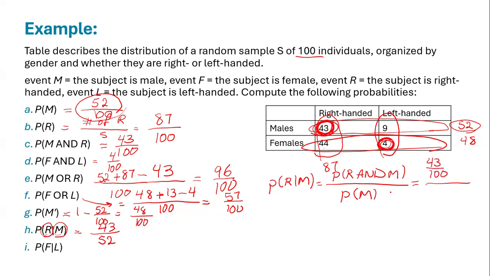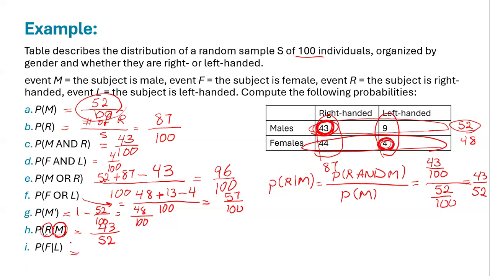The probability of M, the probability of males: how many males do we have? 52, so 52 over 100. If I divide these two numbers, I get 43 over 52. Or you can just look at the male group, which is 52, and find the right-handed ones, which is 43 out of 52.